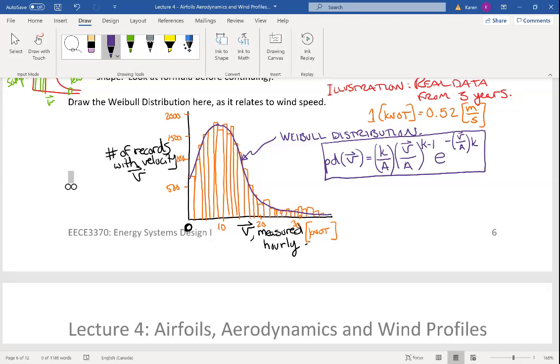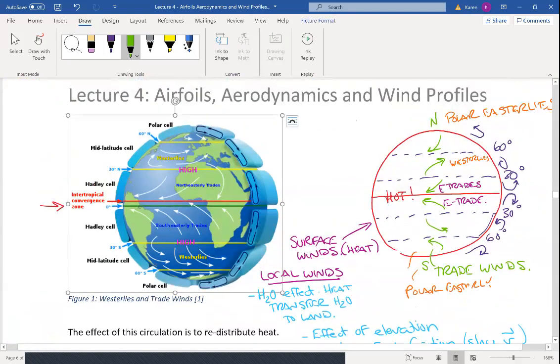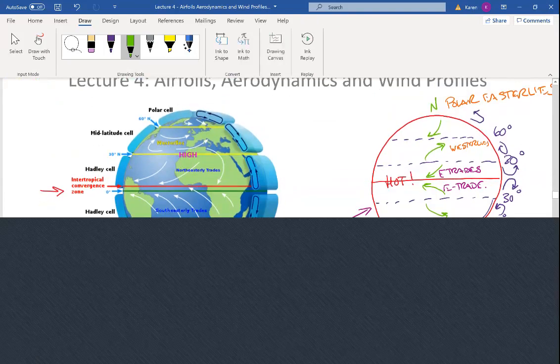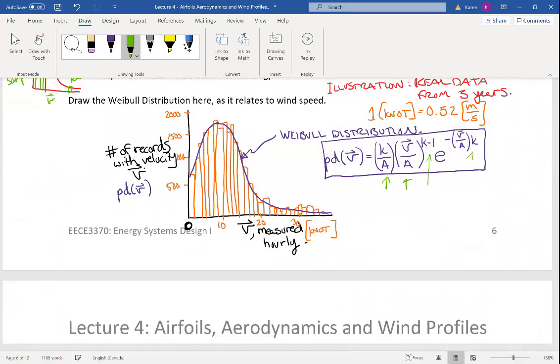It's basically saying the probability density function of V relates to V in such a way that there are constants here: a constant in the denominator, a constant in the exponent, e to the exponent with more constants with your variable, and another constant. I don't expect you to be able to derive that because that's a mathematical situation, but that is the equation for a Weibull distribution.